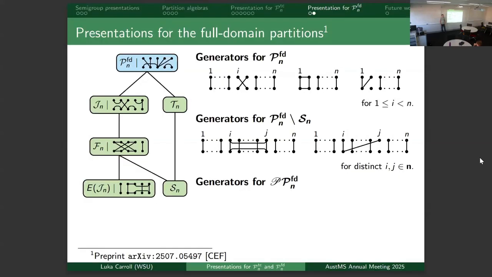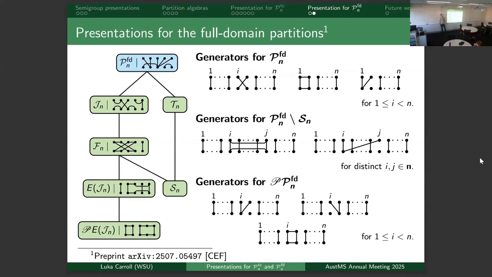Finally, for the planar part of PNFD, we just use the planar part of these idempotents, which are essentially the same set, just where none of the blocks are overlapping. And so the generators are the planar versions of these generators. And I forgot to mention, if you're interested in finding more details about these results, there's a preprint up on the archive.